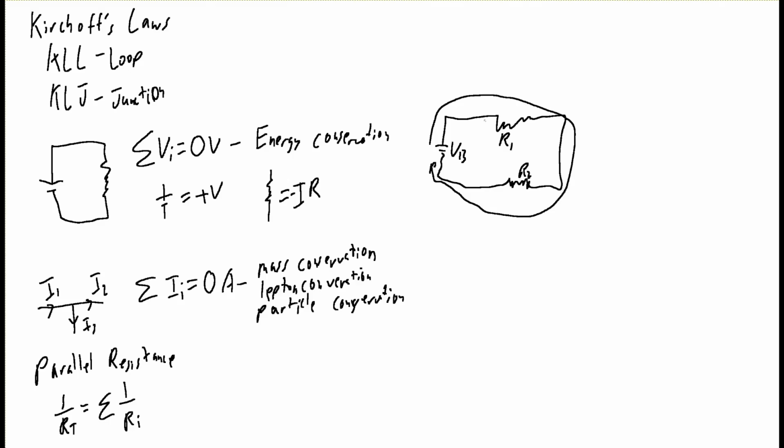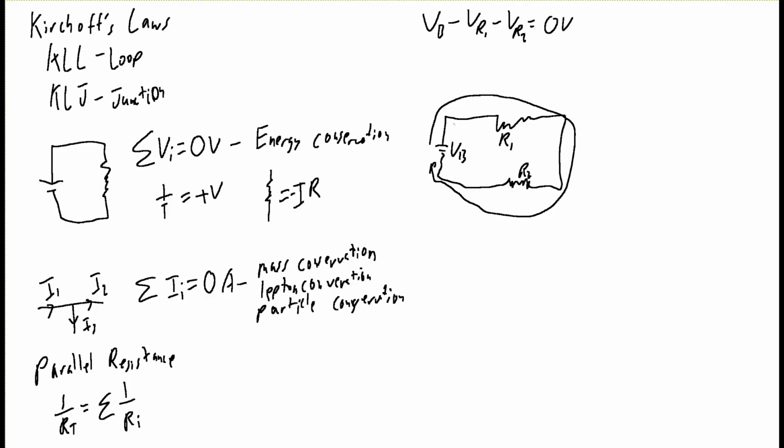So we got some current. We have VB minus VR1 minus VR2 is equal to 0 volts as we go around the loop.